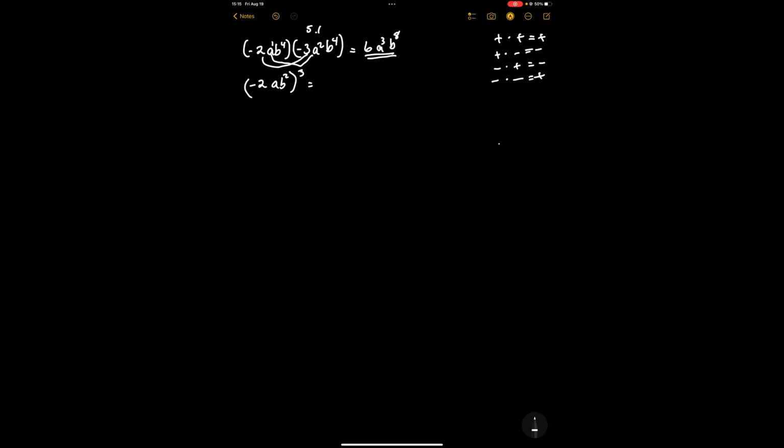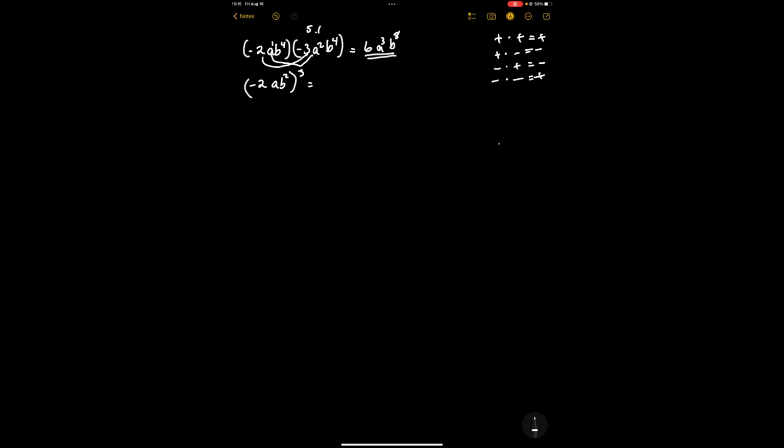Well, now what we have is the power rule. So that's the power rule, or power of a product. Remember that part? We also have the power of a quotient, and we have the power of a product. In this case, we are doing the power of a product.